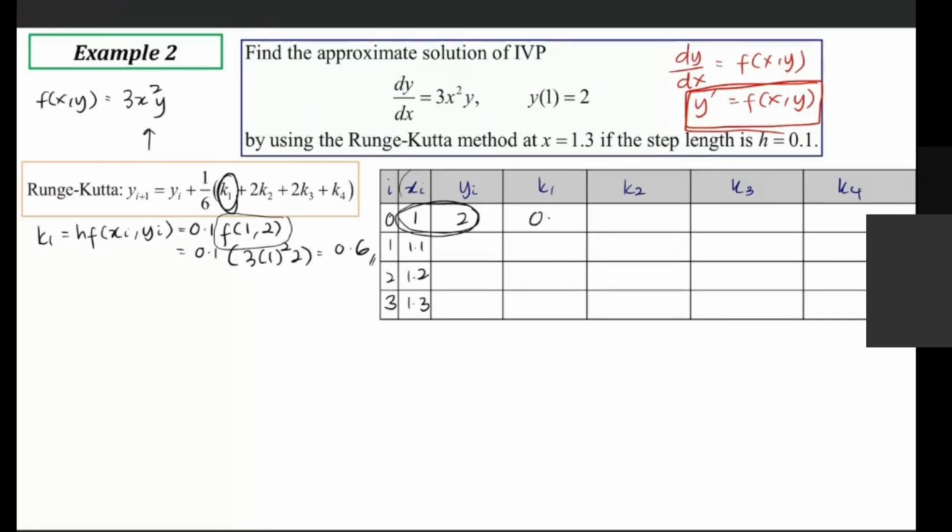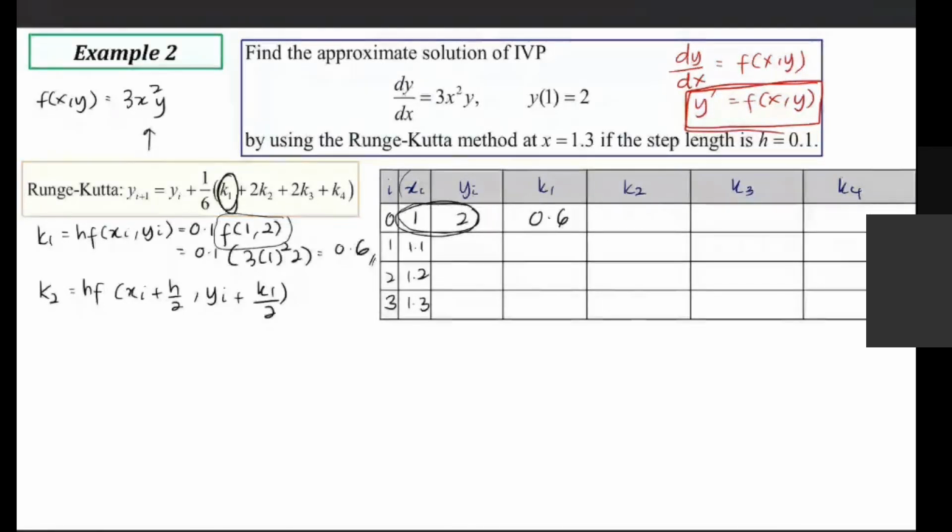K1 is 0.6. Okay, next K2. K2 equal to h f(x_i plus h over 2, y_i plus k1 over 2).